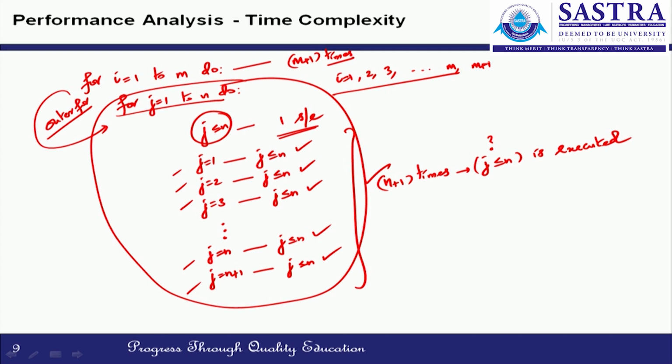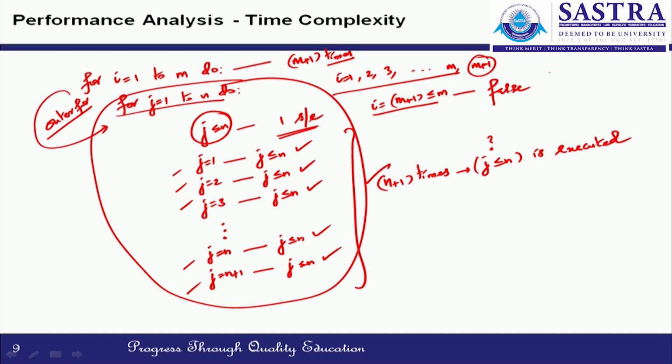But when i becomes m plus 1, the condition m plus 1 less than or equal to m, that is i is equal to m plus 1 less than or equal to m, is false. So, control comes out of the outer for.